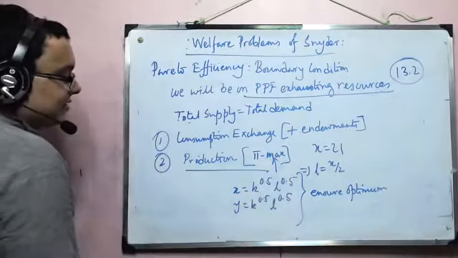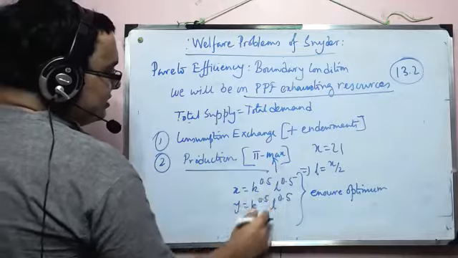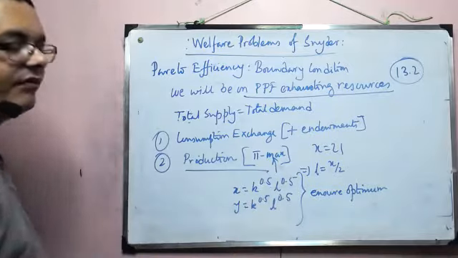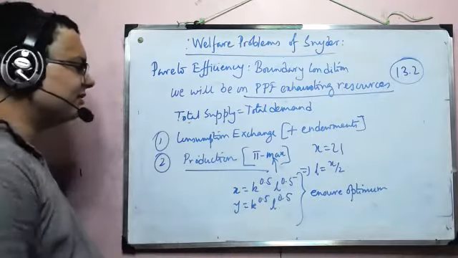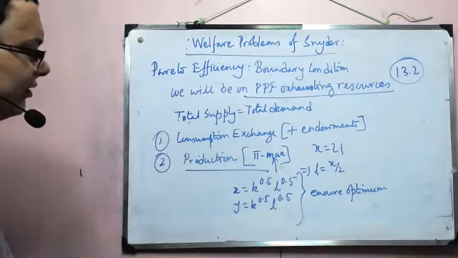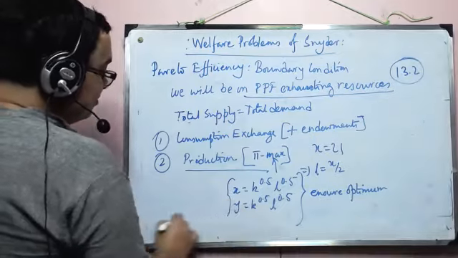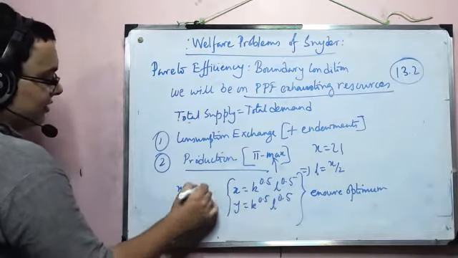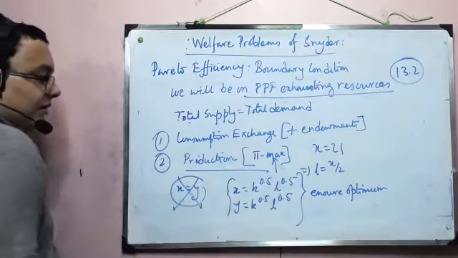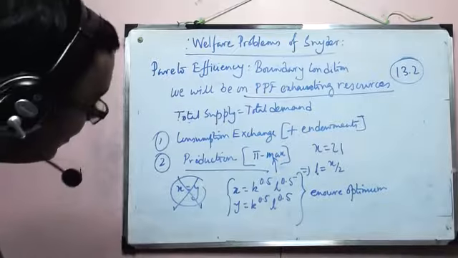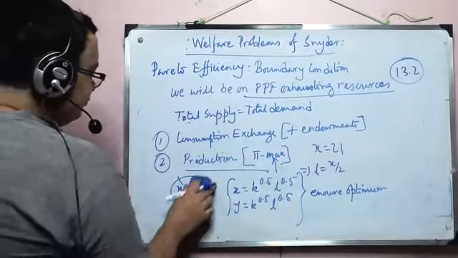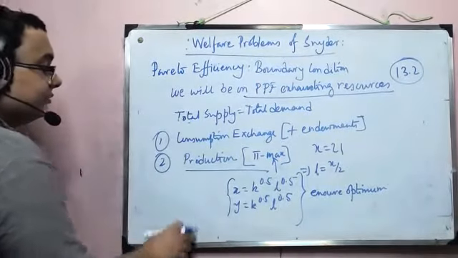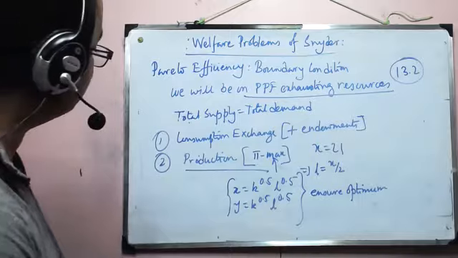Because otherwise, if you separate them, the separation is not actually easy. The separation is not possible actually. If this is true, then probably the PPF will be x equal to y. That's nonsense. So these are the two things.